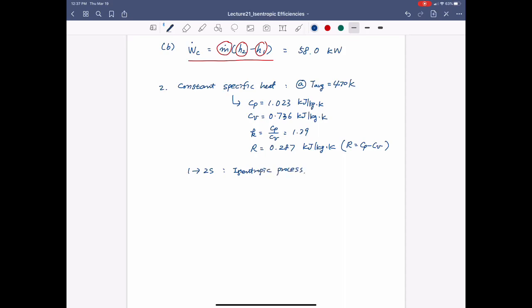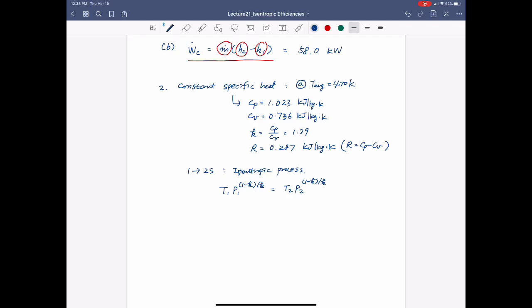Because there is an isentropic process of an ideal gas, we can use the relation of temperature and pressure. So T1 times P1 to the power of (1 minus k) divided by k should be constant, the same as T2 and P2 to the power of (1 minus k) divided by k.